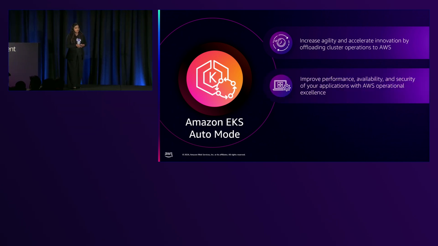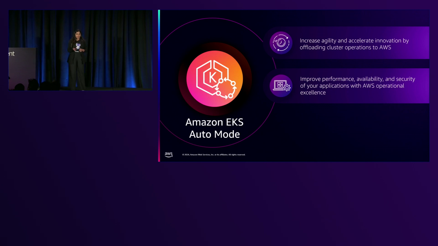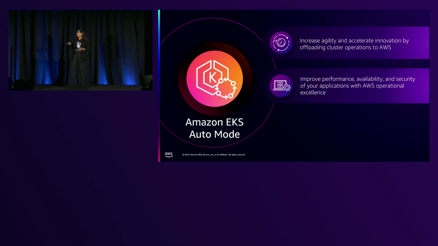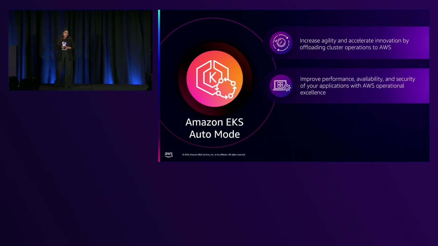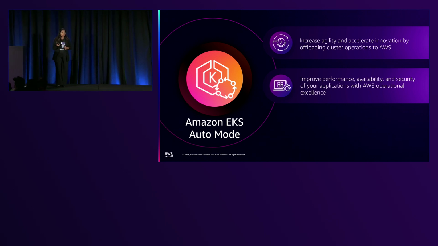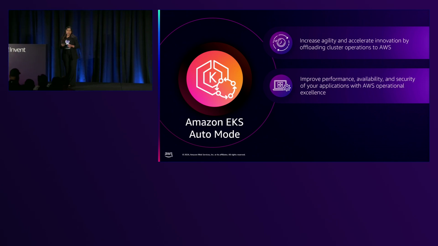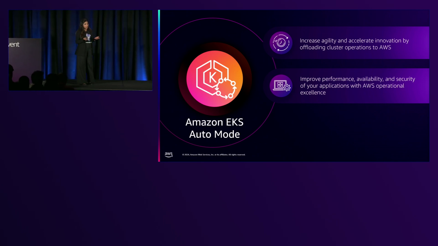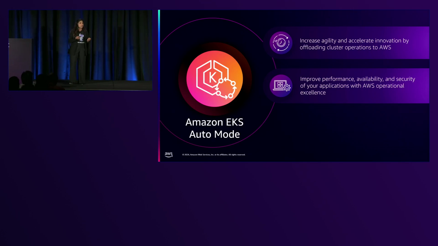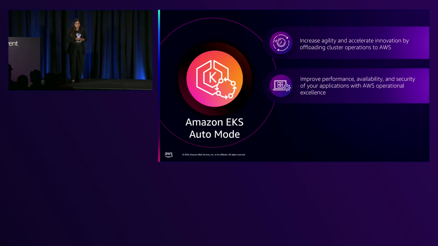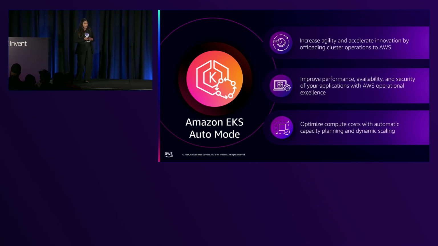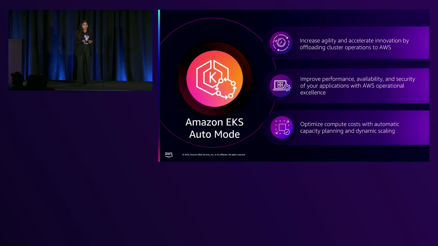The next one: it improves performance and maintains application availability by dynamically scaling the compute resources that your applications depend on. Along with that, it's secure by default. What do we mean by secure by default? EKS Auto Mode automatically updates your worker nodes and applies security fixes automatically. The last one: it continuously optimizes cost with automatic capacity planning and dynamic scaling.